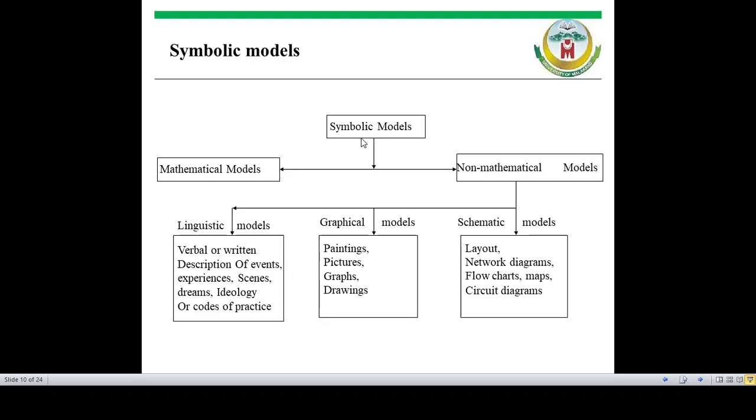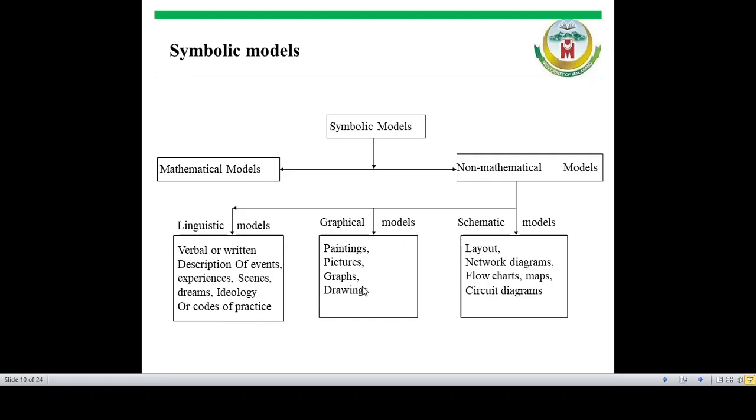Symbolic models. In symbolic models, there are two types: mathematical models and non-mathematical models. In non-mathematical models, we have linguistic models, graphical models, and schematic models. Linguistic models are verbal or written descriptions of events, experiences, scenes, dreams, ideology, or codes of practice.